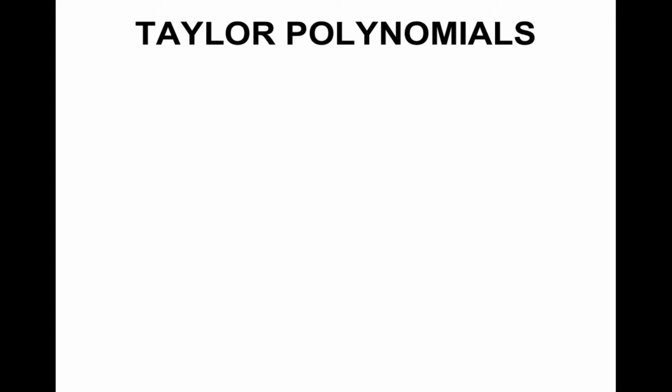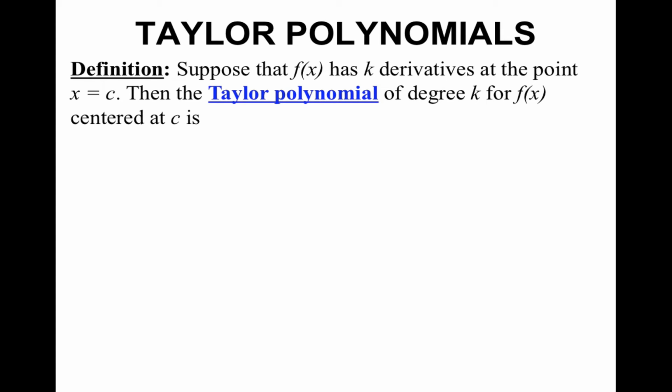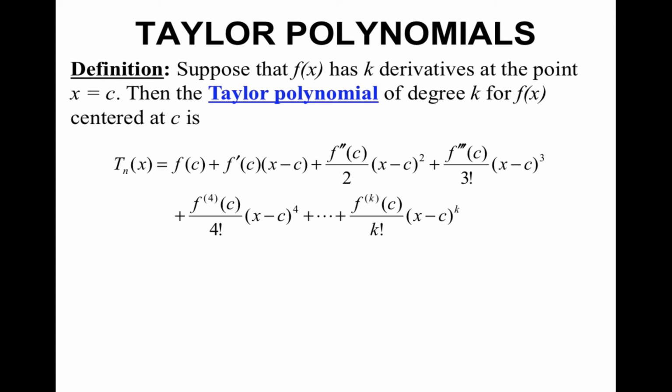So this leads us into Taylor polynomials. Suppose that f of x has k derivatives at the point x equals c. Then the Taylor polynomial of degree k for f of x centered at c is defined as the following. It's basically the polynomial that I just had on the previous slide with the nth degree, but now we're saying k degree.